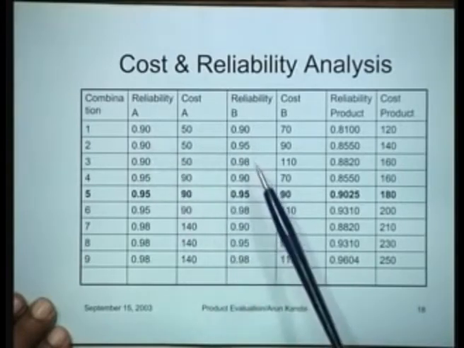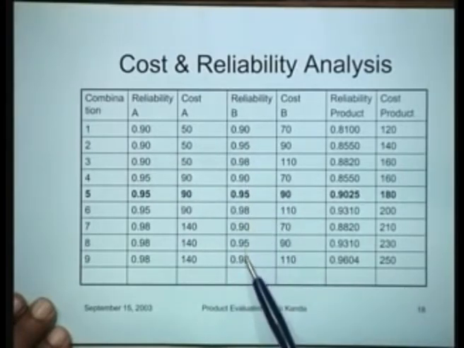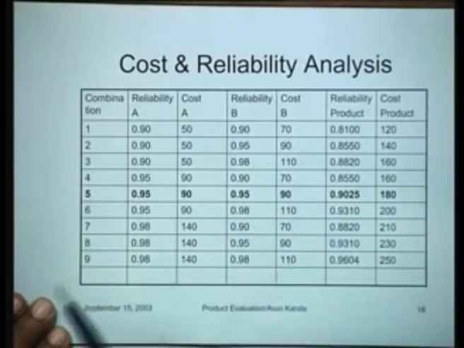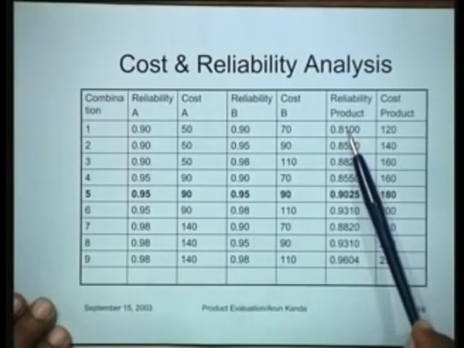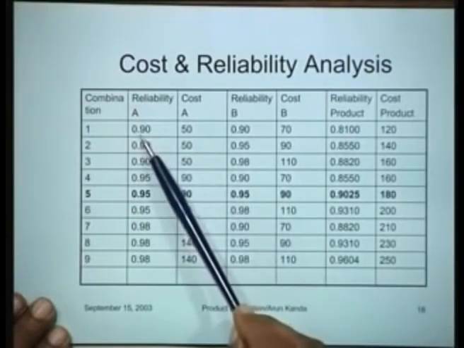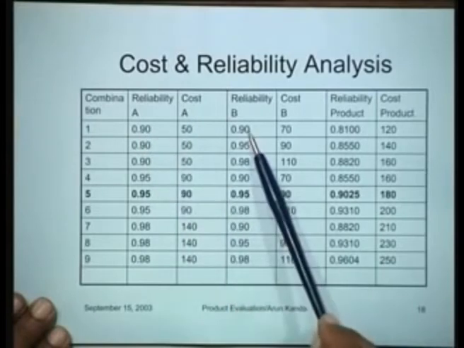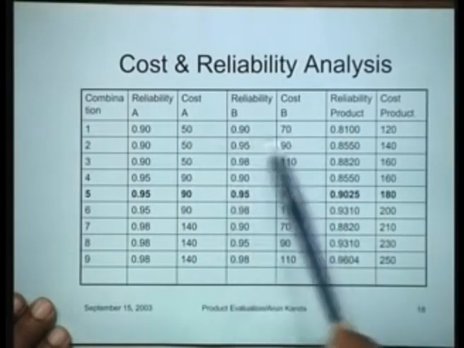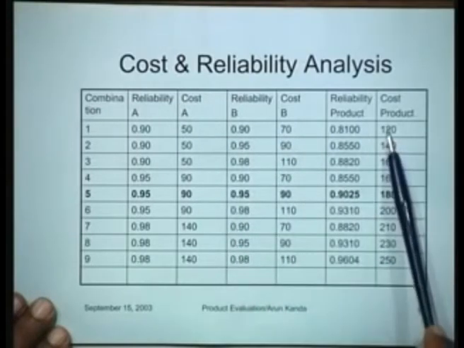So you have all the combinations, and similarly all these probabilities here, and the costs are here. So what we can do is calculate the reliability of the product. The reliability is multiplicative, right? So the reliability of the product is 0.9 into 0.9, which is 0.81, and the costs are additive, right? So this is 120. This is the cost.